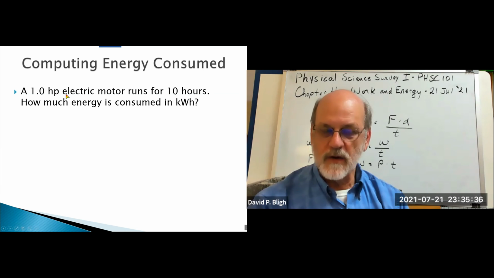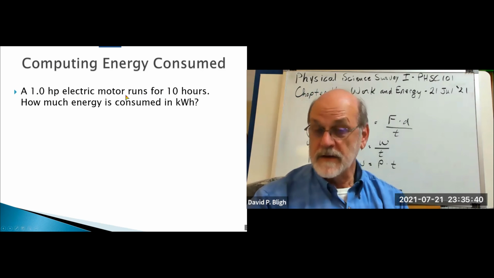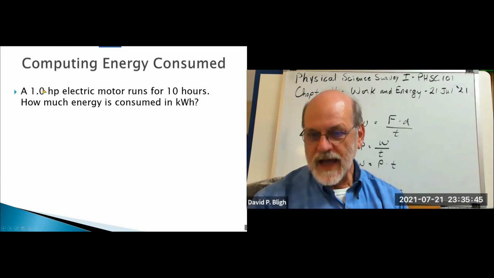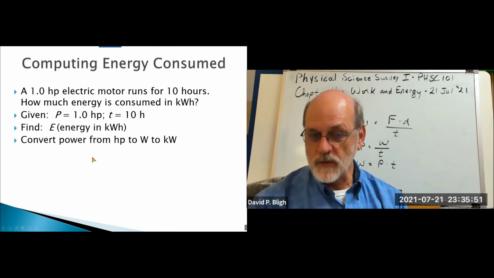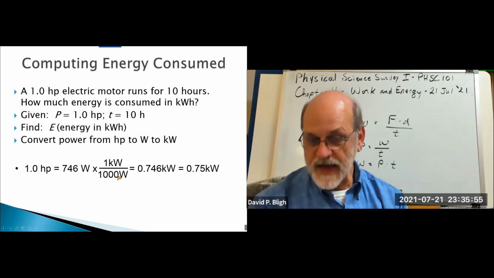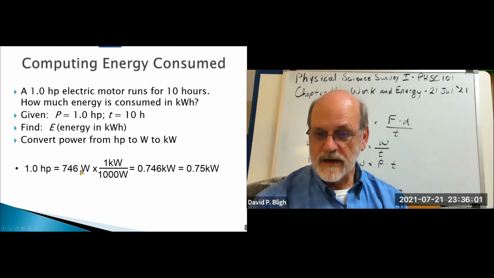In other words, you may run a 1 horsepower motor for 10 hours, right? So you've got the hours value here. You just need to know how many kilowatts is 1 horsepower. So we know that the relationship between watts and kilowatts is 1,000 to 1. But we also know that 1 horsepower is 746 watts.